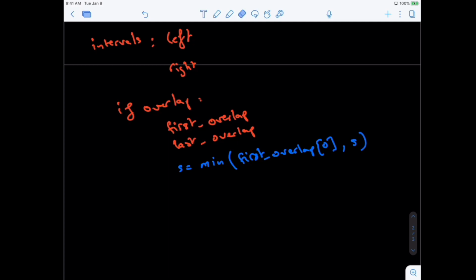So it's the min of the first overlap's position 0 and new interval position 0, and the end is going to be the max. So this is the merged interval for the overlap.